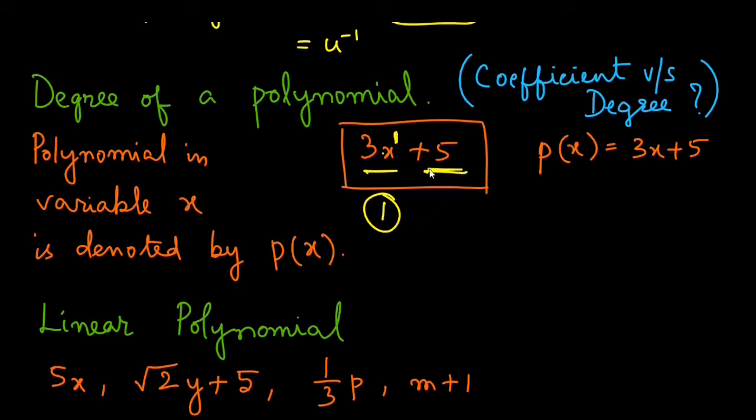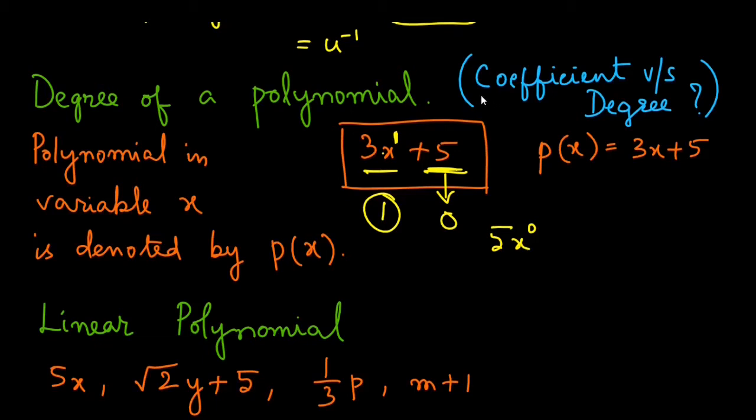The degree of this term is 0, because 5 can be written as 5x power 0. The degree of the highest degree term is the degree of the polynomial. Here the highest degree is 1. So the degree of this polynomial is 1.